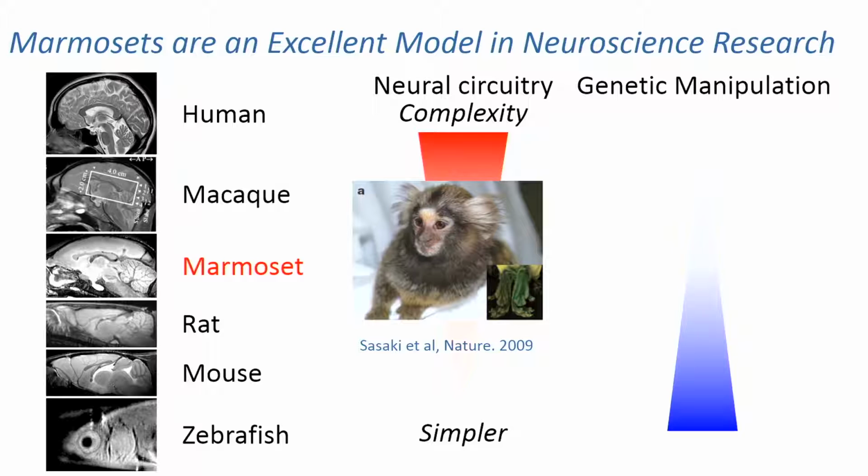But the real main result of this work is that the transgene expression actually passed on through the germline. So now there are lines of transgenic primates that are being generated. And these really boost the power of the use of these animals in neuroscience research.